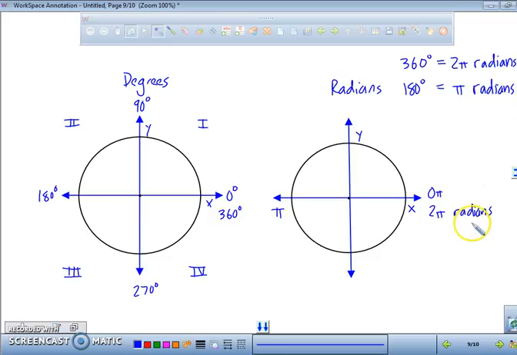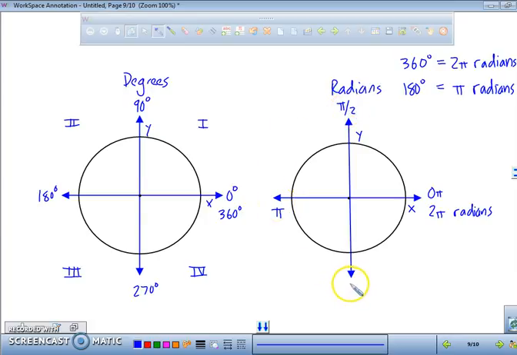Okay? So far so good. 360 is what? 2 pi. 180 is pi. What do you think 90 degrees would be? Half a pi. That's right. Put pi over 2. So we have 0 pi, we have half a pi, we have a whole pi.